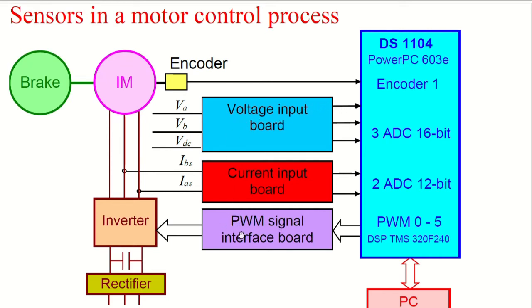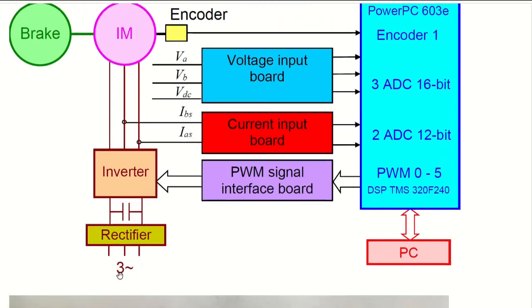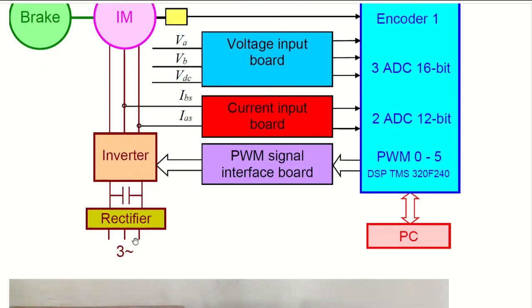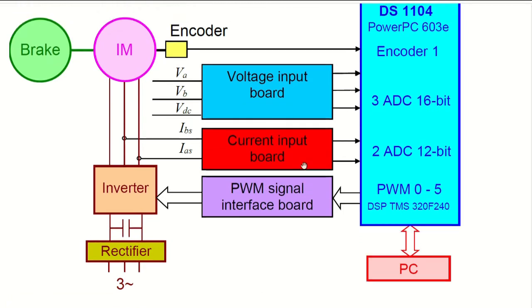We need some PWM interface board to control the inverter that will feed the induction machine or the synchronous machine, and its power is taken from a rectifier from the power grid.